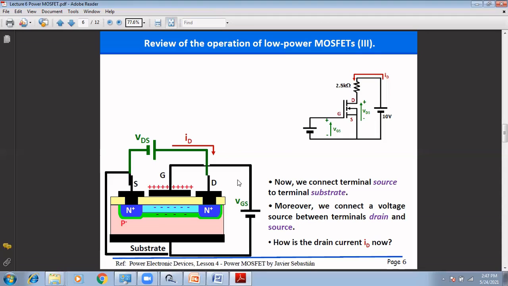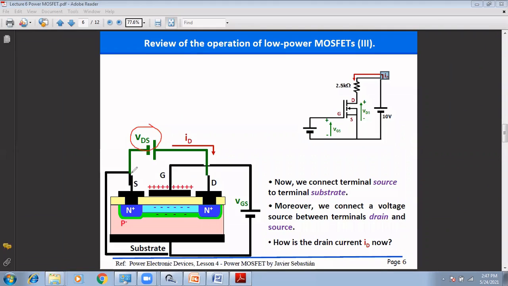But our main aim is to control the drain current with the help of this VGS. So we connect the source to the substrate, and we apply one voltage, that is VDS, in between the drain and the source.